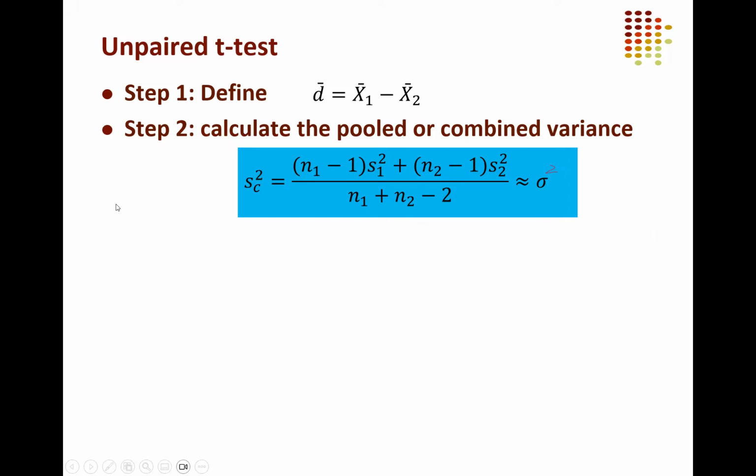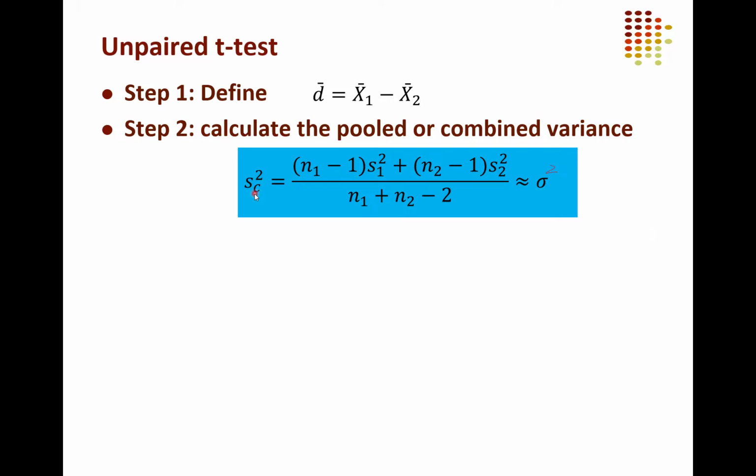So it is a weighted average value of the variance from sample 1 and sample 2. The weights are n1 minus 1 and n2 minus 1, because n1 and n2 are the sample sizes for S1 and S2.